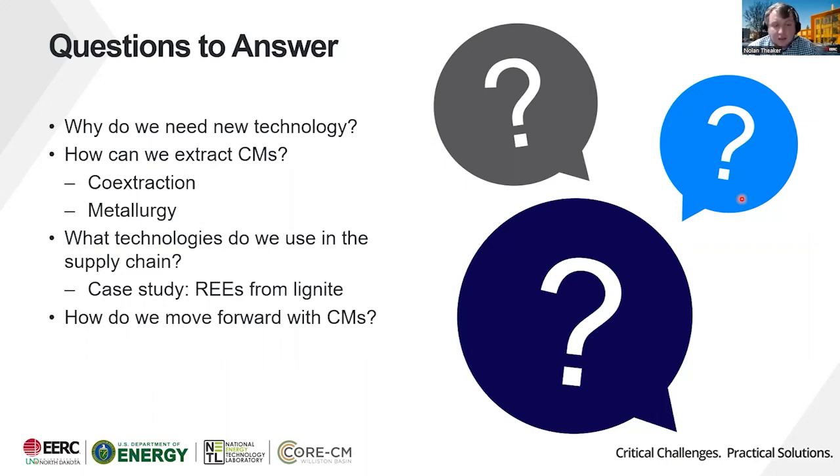And then in the supply chain, from those metallurgy concepts, we learn what technologies we are going to use to get it from an ore in the ground to a finished product that will go into a cell phone or an F-35. And we're going to do a case study on the rare earths from lignite, specifically. And then finally, how do we move forward with critical minerals from a technology aspect?